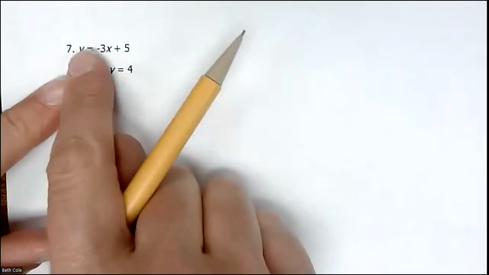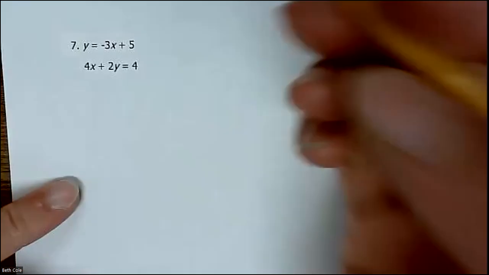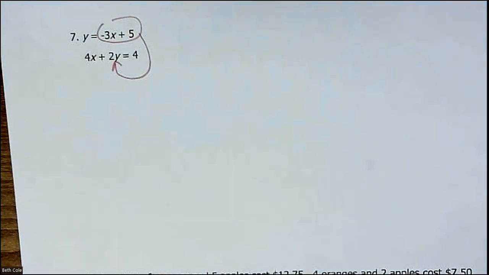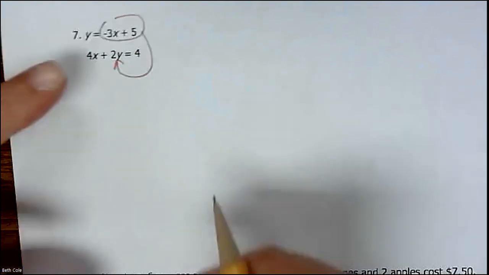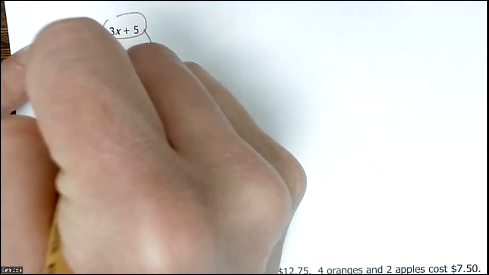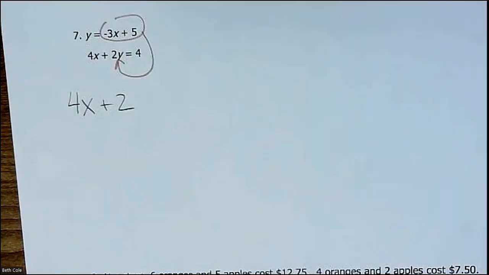All right, do you see how this is y equals? You're going to take all of that stuff and substitute it in for y in the other equation. You guys are going to have to stick with me through these last two, okay? So you're going to have 4x plus 2, and then what? And what do you have to put around that?